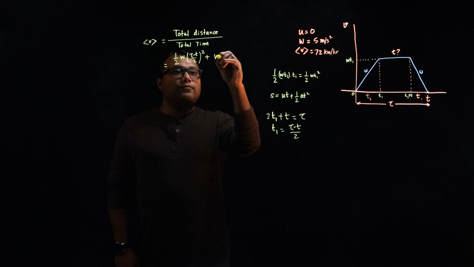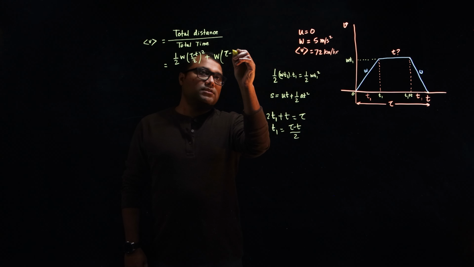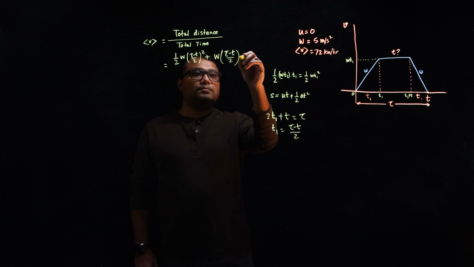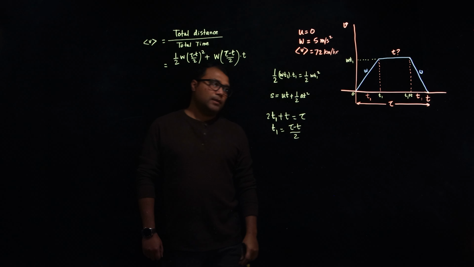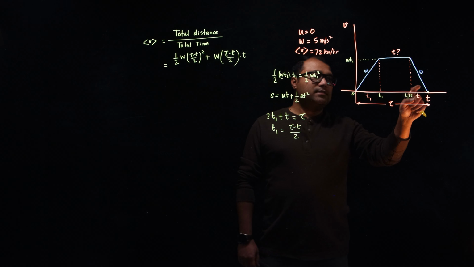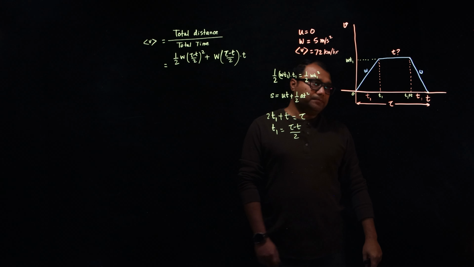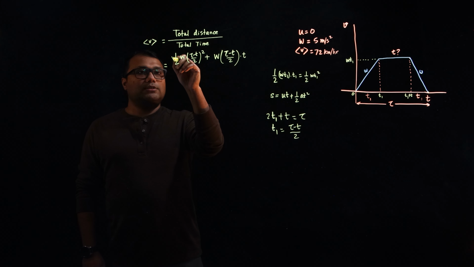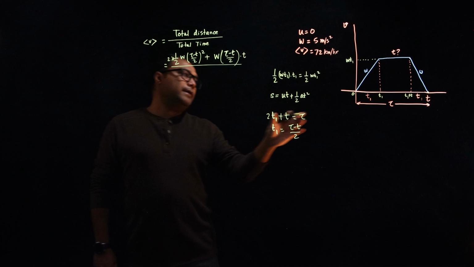So wt1, now t1 is tau minus t divided by 2, times t. And then the area of this triangle, this is now the deceleration case, so it would be the same as this. So we can just double this, divided by total time tau.